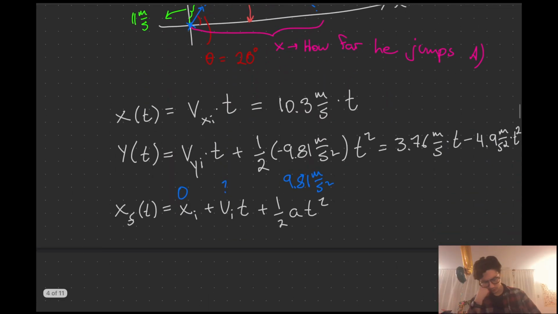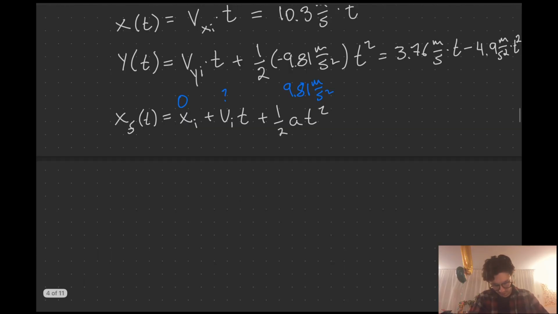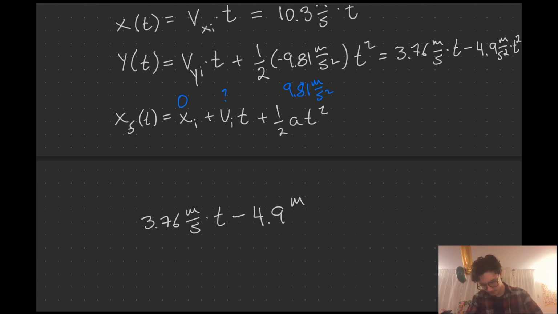So how do I find this? Well, let's take the height equation and just plug in 0 here and solve for time. So the height equation looks like this: 3.76 meters per second times time, plus, whoops, it was actually a minus 4.9 meters per second squared times time squared equals 0 meters, right?